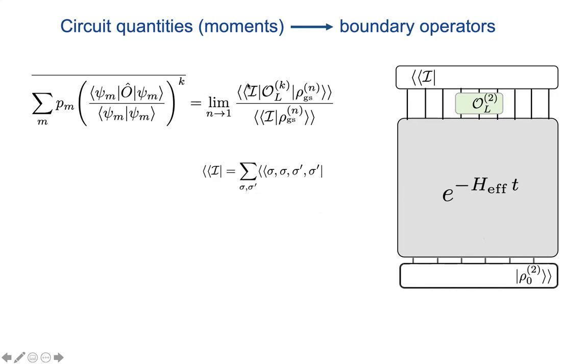Then to implement a trace, we need to cap this tensor network from the top by some reference state that implements the trace. In this case, it's a simple state like that that has certain properties. And in the end, what all of this maps to is this matrix element at the boundary of this circuit between the ground state and this reference state with some operator.